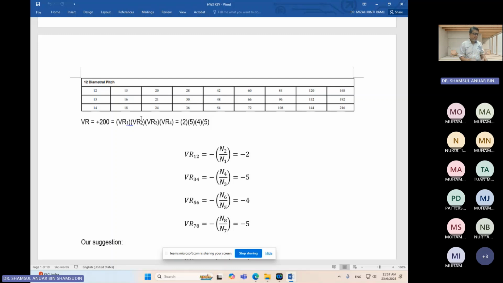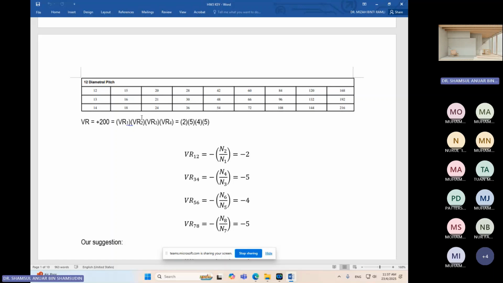You want to make it smaller because the definition of PD is number of teeth divided by P. So if you choose different PD, the idea is to try to reduce this number. If you reduce that number, your PD will go up.